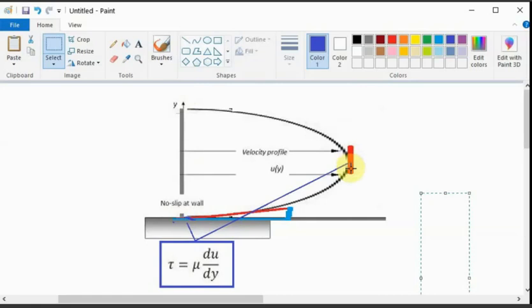At the maximum y divided by 2, or at the center line, the velocity gradient is equal to 0, right? The velocity gradient is actually vertical. There is no shear stress at the center. At the wall, we have the maximum velocity gradient.